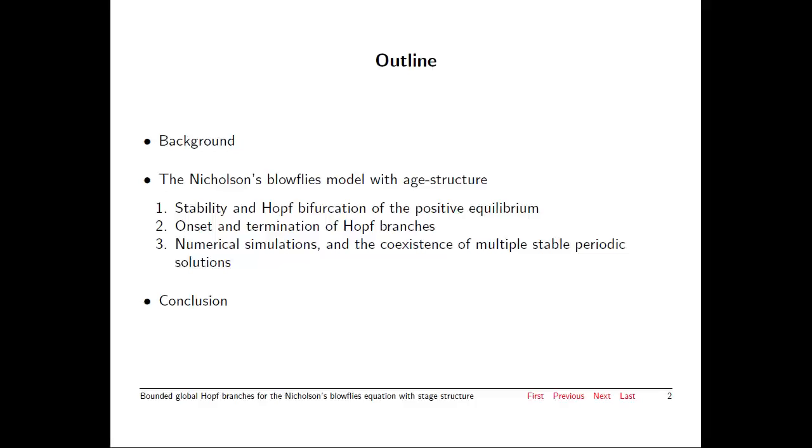And we will use numerical simulation to support our theoretical results, and we also observe the coexistence of multiple stable periodic solutions. And I will finish my talk with my conclusion.